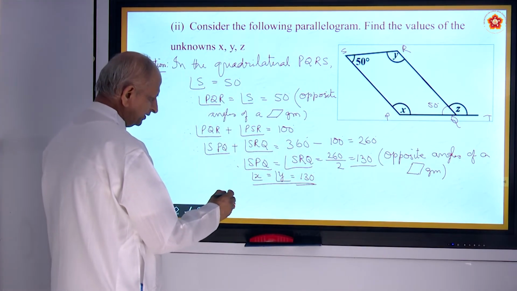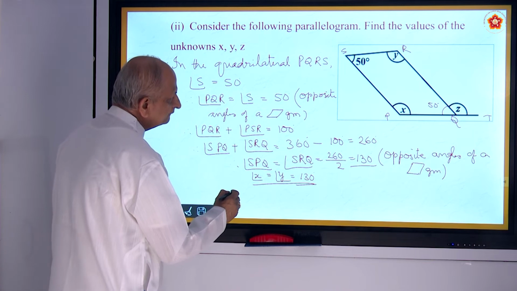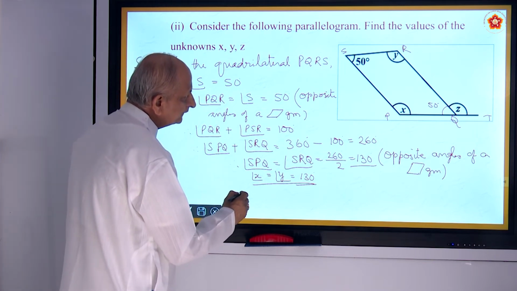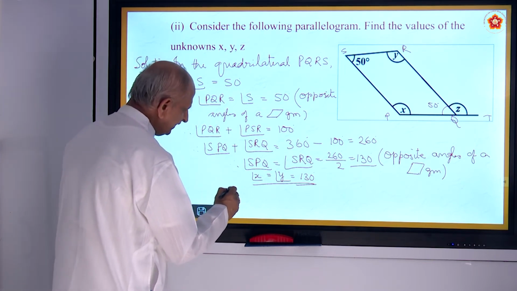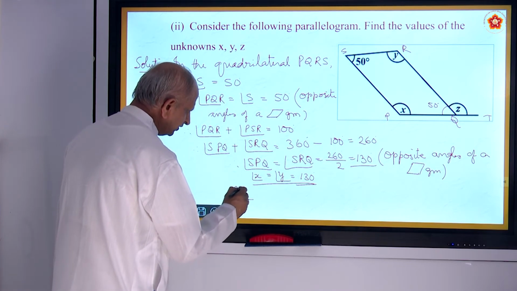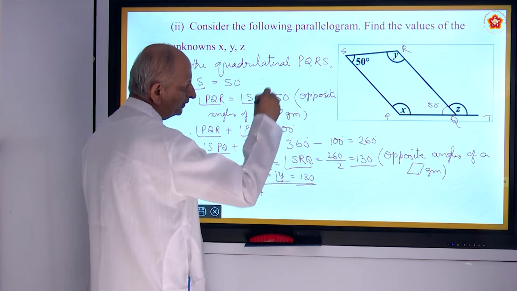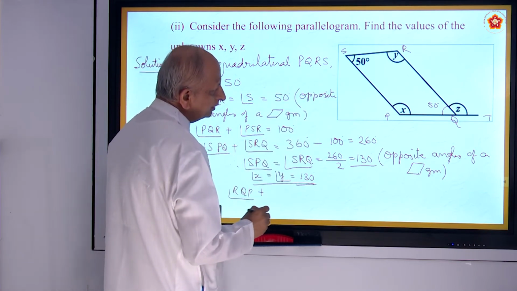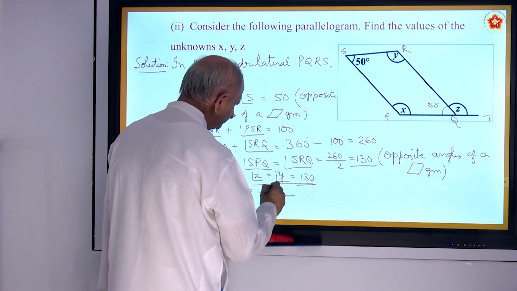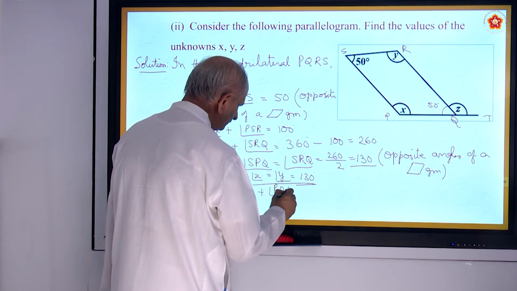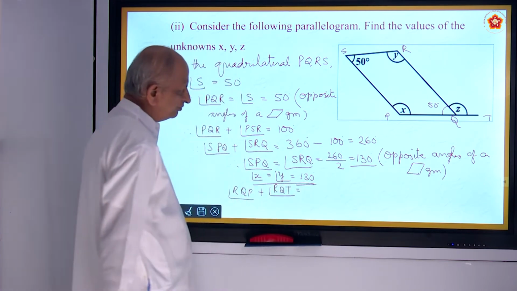So, next point I will write here. RQP, see the figure, RQP plus RQT. What is that T now?